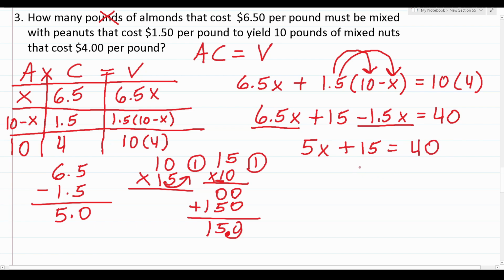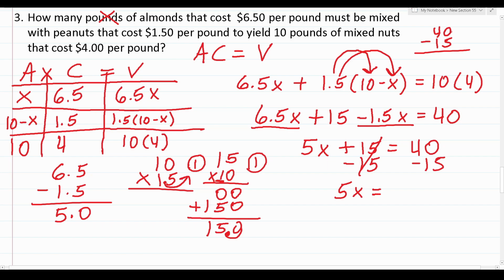Now we just want to solve for x. So we want to get x's on one side of the equation and everything else on the other side of the equation. So let's go ahead and move this 15 over here. This crosses out here, leaving you with 5x equals 40 minus 15. If you can't do that in your head, you can always work it off to the side.